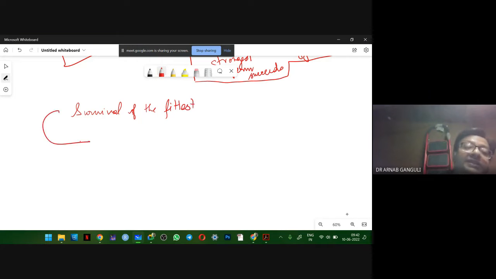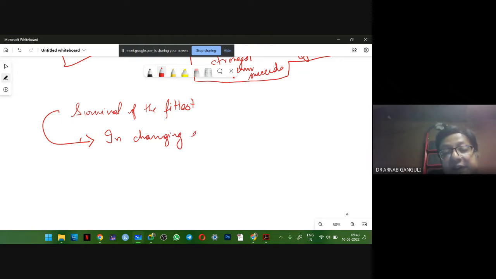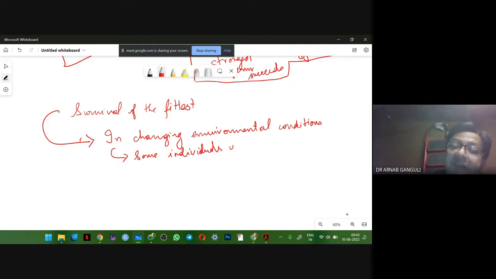So this means in changing environmental conditions, some individuals gain selective advantage.